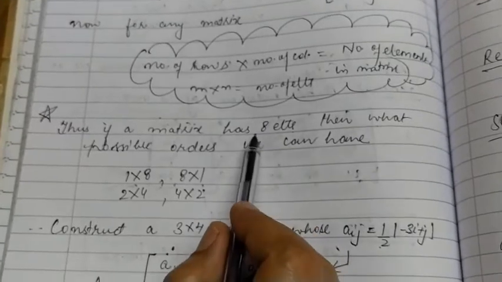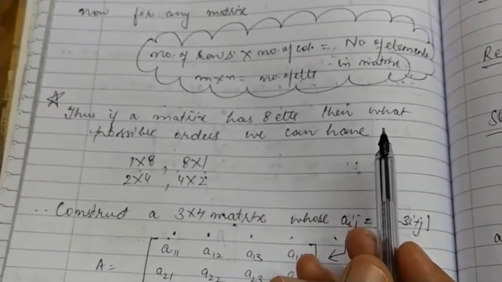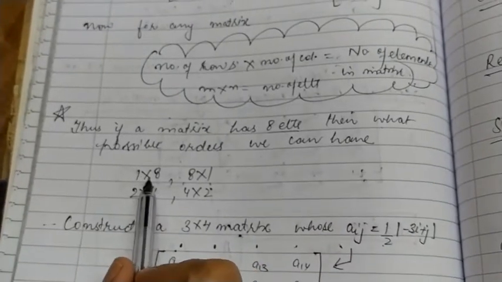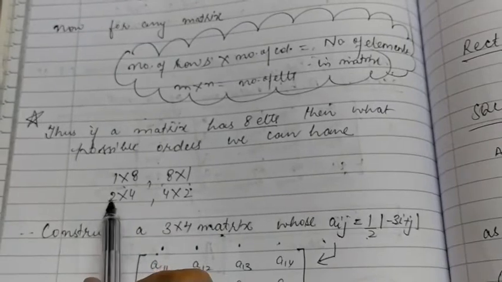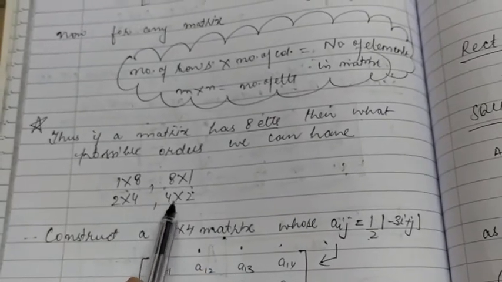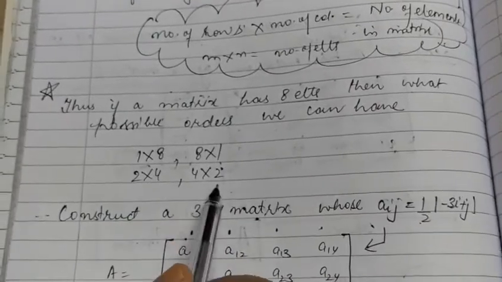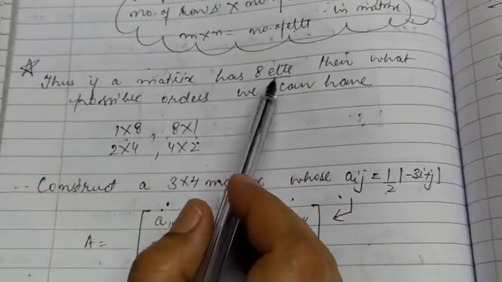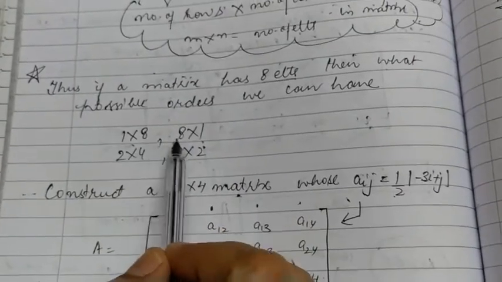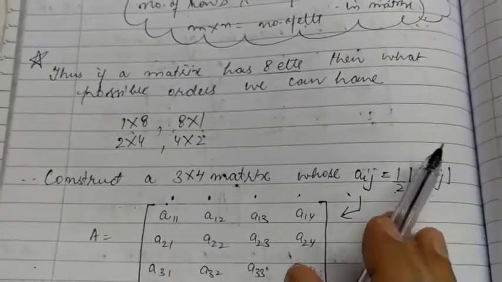It could be 1 into 8 or 8 into 1, 2 into 4 and 4 into 2, and there is no other way we can get 8. So the possible orders of a matrix of 8 elements are 1 by 8, 8 by 1, 2 by 4 or 4 by 2.